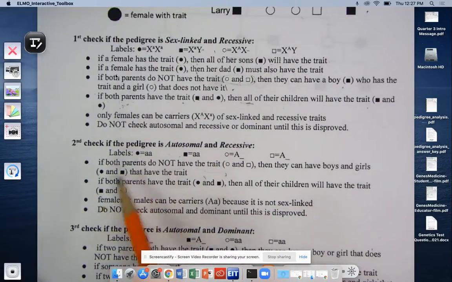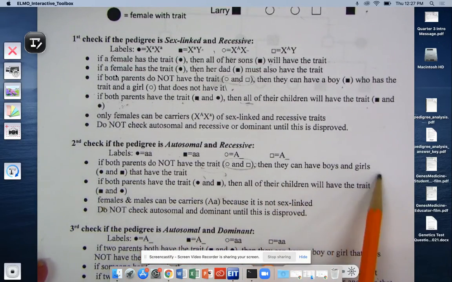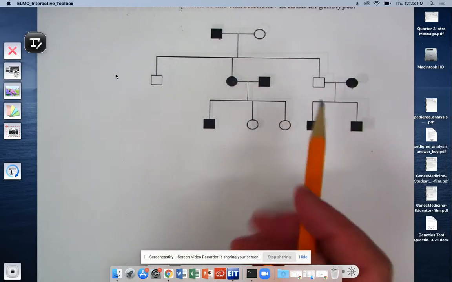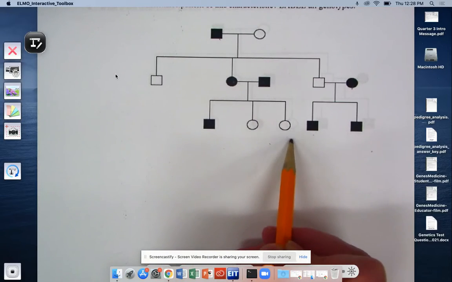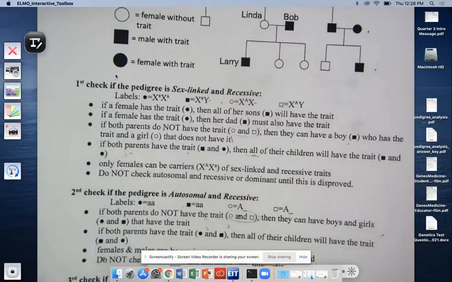So if we try autosomal and recessive, it says if both parents do not have the trait, again like this, they can have children with the trait. So we have both parents who have the trait, and they do have a mix. So that's okay. So that's kind of a yes, it works.